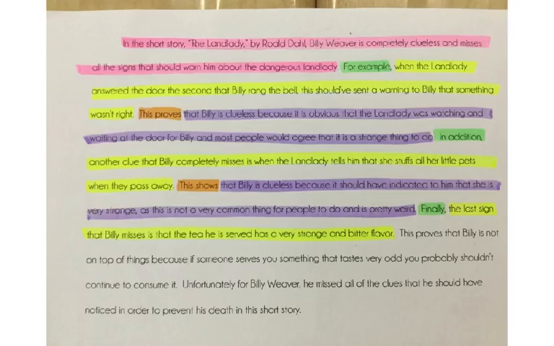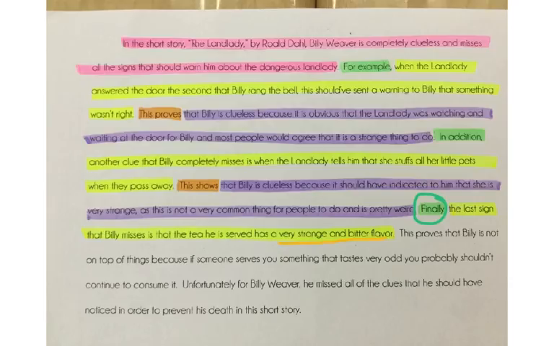Let's take a look. For this last piece of text evidence, I decided to use the word finally, that transition word, because it just indicates that things are going to be wrapping up. And then, as we talked about before, Billy misses the fact that the tea has a very strange flavor, and it doesn't taste good at all.